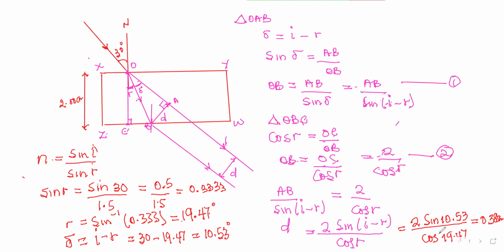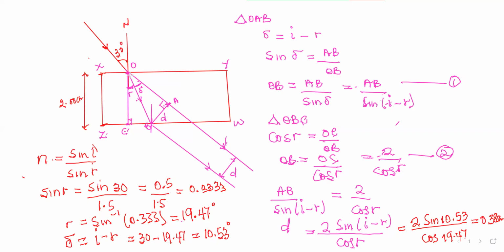Then with regards to the distance traveled by the light, please, this width of 2 centimeters given is not the distance traveled by the light. Look at the diagram. This is the path of the refracted ray. The light is refracted at an angle.